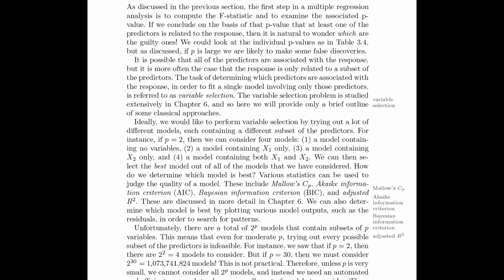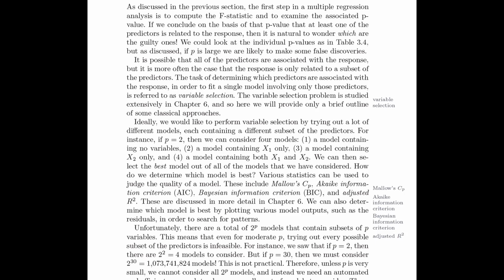The variable selection problem is studied extensively in chapter 6, and so here we will provide only a brief outline of some classical approaches. Ideally, we would like to perform variable selection by trying out a lot of different models, each containing a different subset of the predictors.